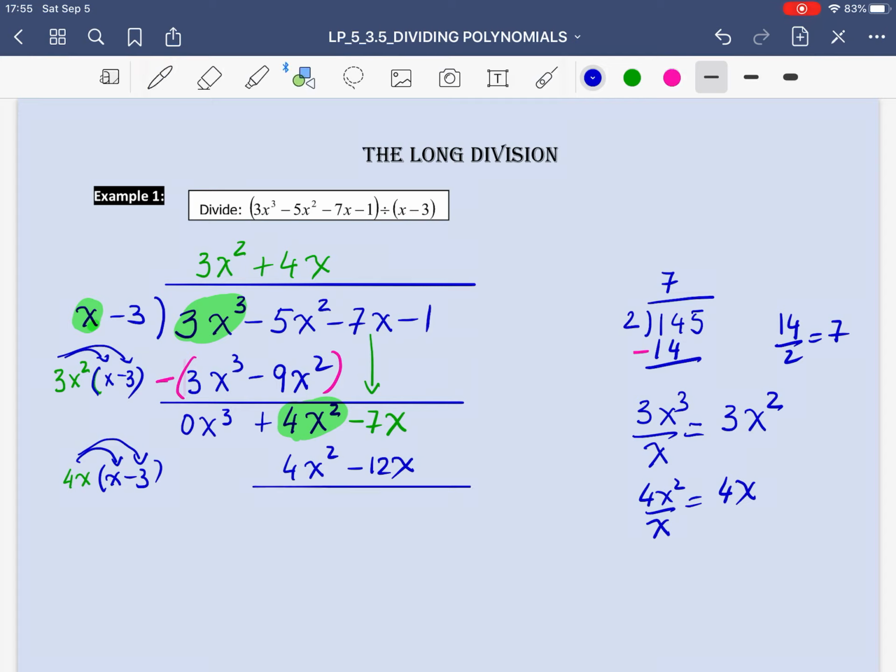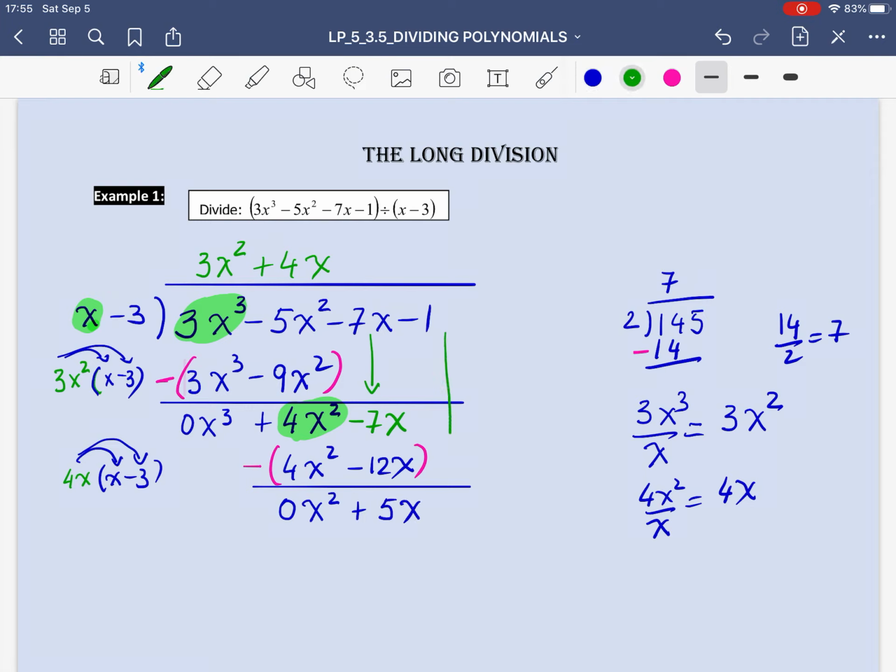Draw the line again. And now we'll subtract 4x squared minus 12x from 4x squared minus 7x. Now 4x squared minus 4x squared is 0x squared. Negative 7x minus negative 12x is positive 5x.